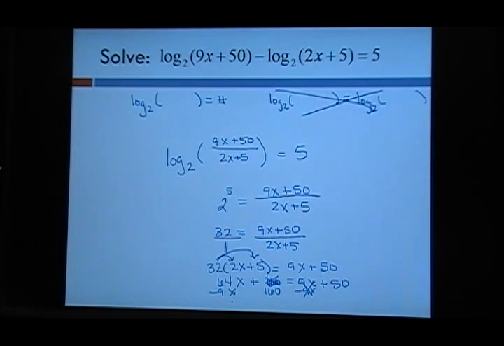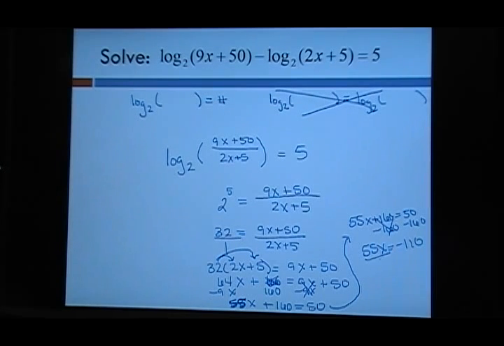So I get 55x plus 160 equals 50. Subtracting 160 from both sides, I get 55x equals negative 110. And dividing both sides by 55, I get x equals negative 2.